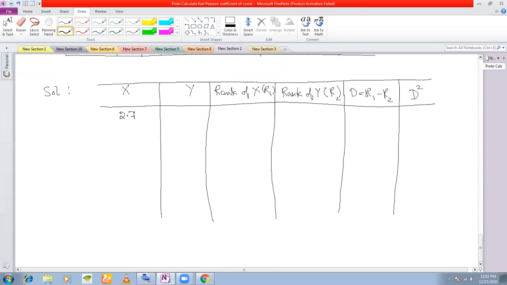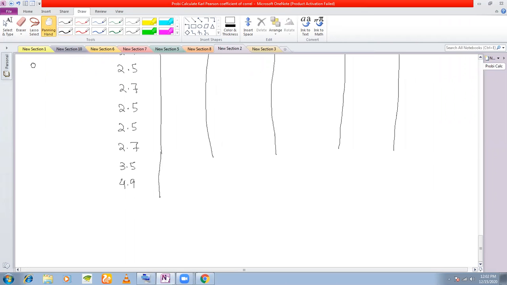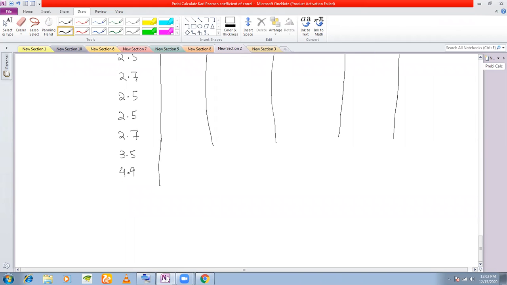Let us list the observations first. Observations: 2.7, 2.5, 2.7, 2.5, 2.5, 2.7, 3.5, 4.9, 5.4, 5.4, then you have 3.8.